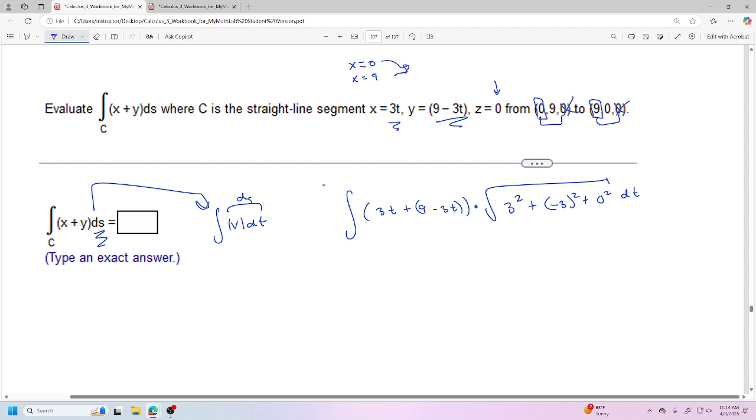But x is equal to 3t. What I want is the t values that make that work. So 0 equals 3t. What is t? 9 is equal to 3t. 0 to 3. And you can confirm with the y's by plugging in the 9 and the 9, and you'll see the same idea. It's similar to that Jacobian stuff we were doing, but far easier. You're just plugging in some numbers.